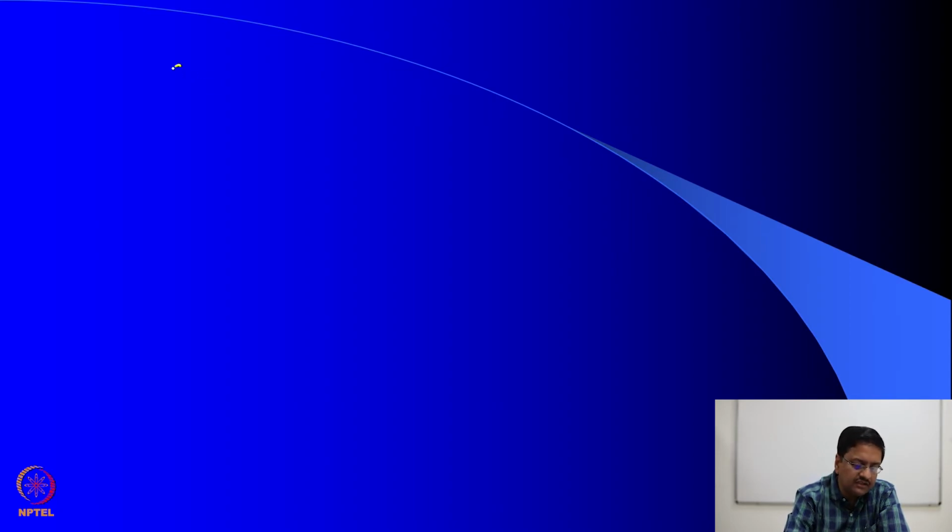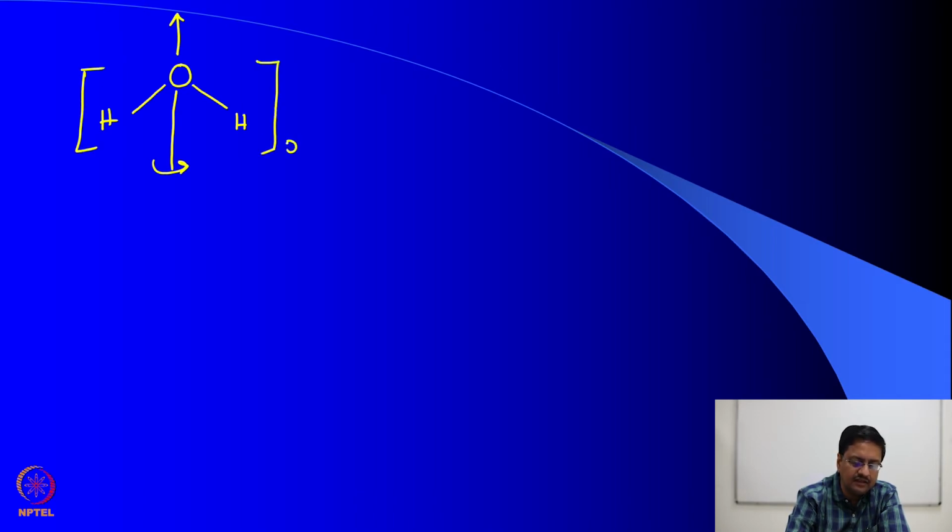That means, if you are talking about the symmetry elements of the water molecule, then the two-fold axis is passing through oxygen. The mirror plane contains the plane of the water molecule and also the perpendicular one which passes through that oxygen.